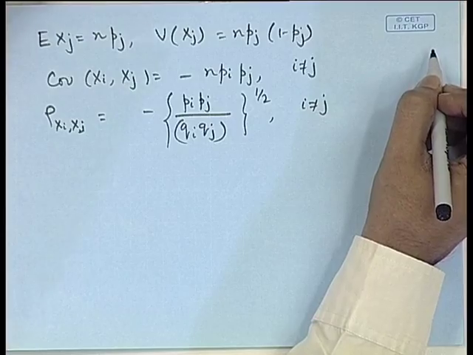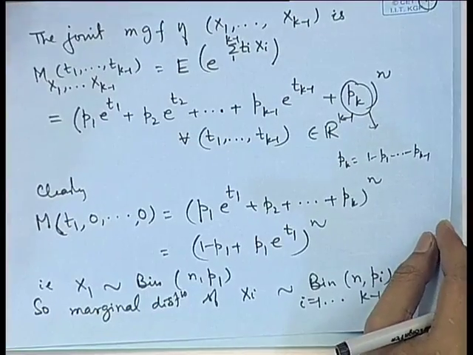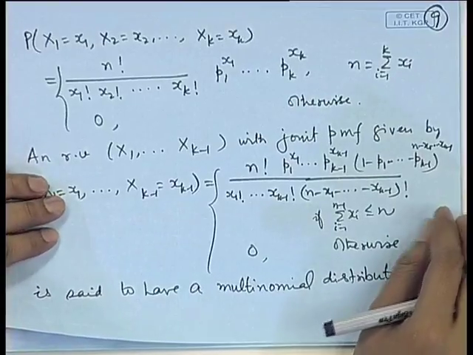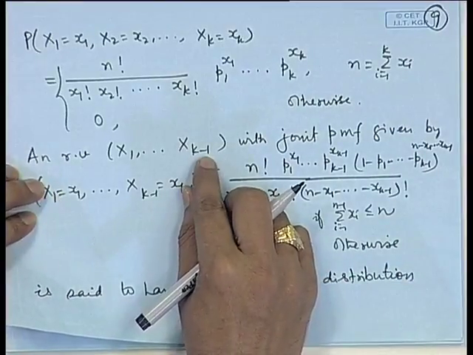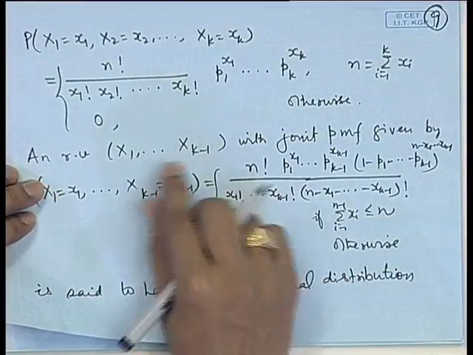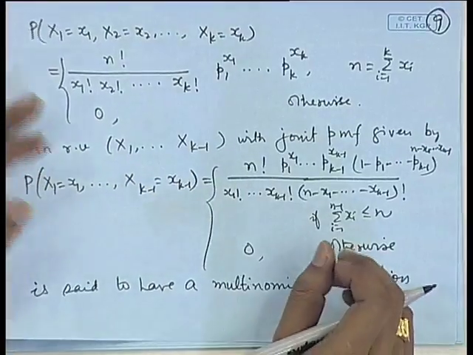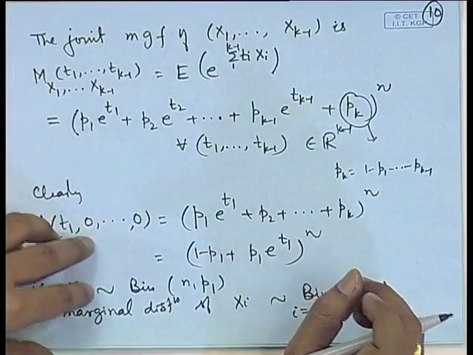In particular, if in the multinomial distribution I consider k equal to 3, I will have two of these variables, that is x 1, x 2, and that distribution is called a trinomial distribution. So, that is a straightforward generalization of the binomial distribution to the case when we have 3 categories as the outcomes.